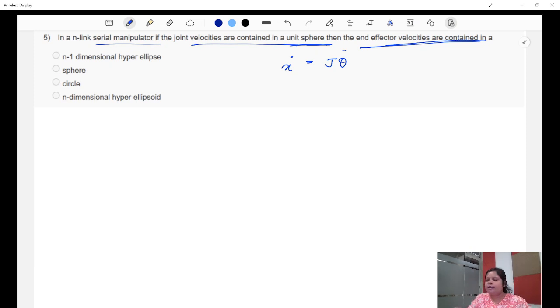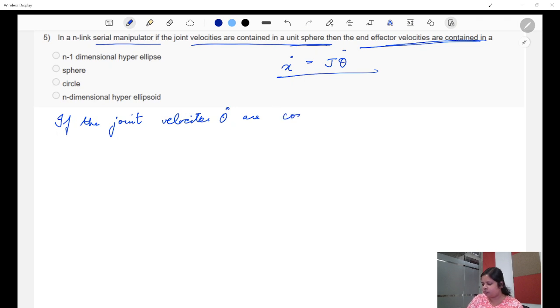So this proof was already done in the classroom. I'll tell you in a very concise way what happens here. So you already know x dot is equal to J theta dot, and if the joint velocities, which is theta dot, are constrained within a unit sphere, how will we write it?